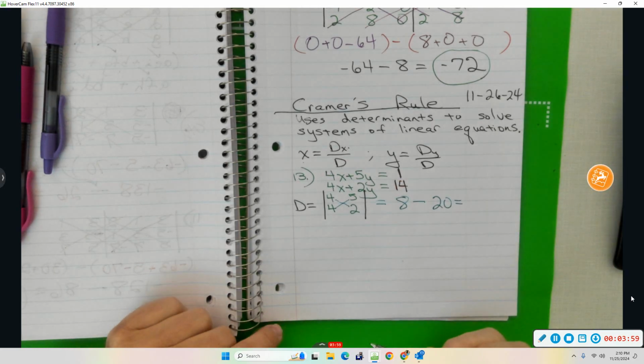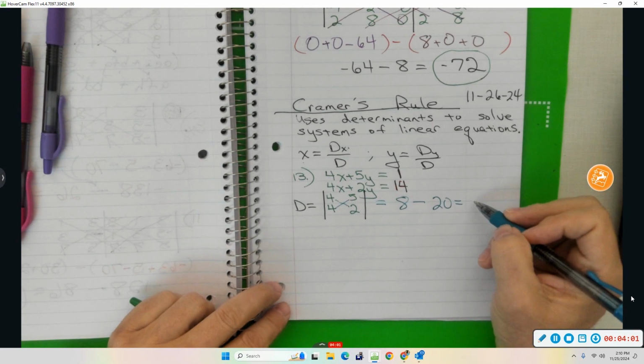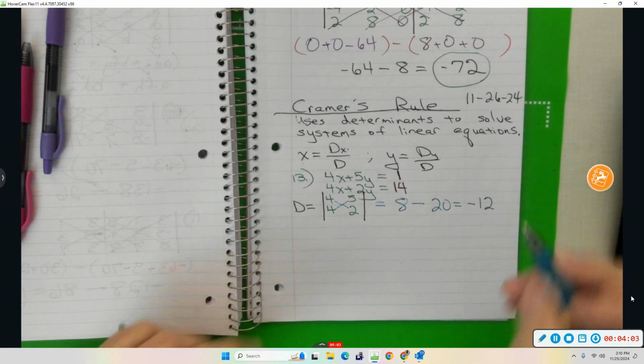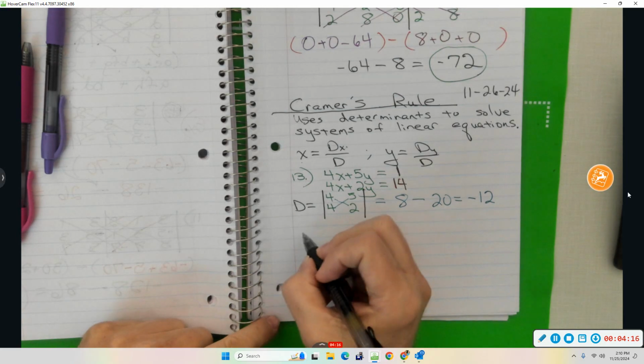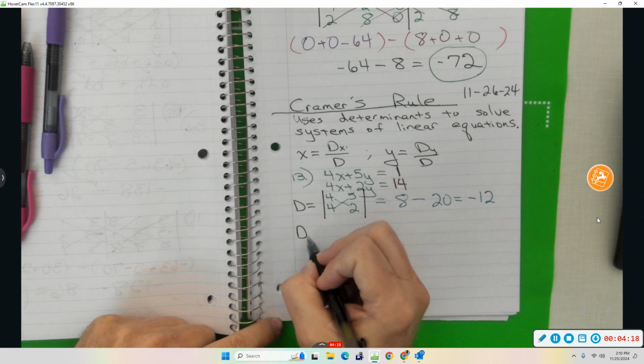So the determinant of the coefficient matrix is -12. And we'll set that number aside. We better make sure we got this d value correct, because we're going to use that d value to find x and y.